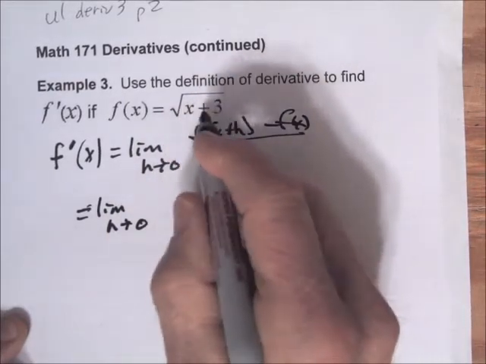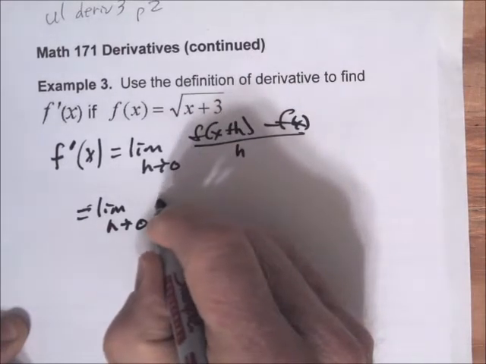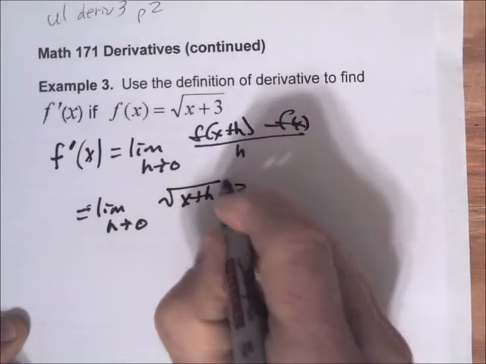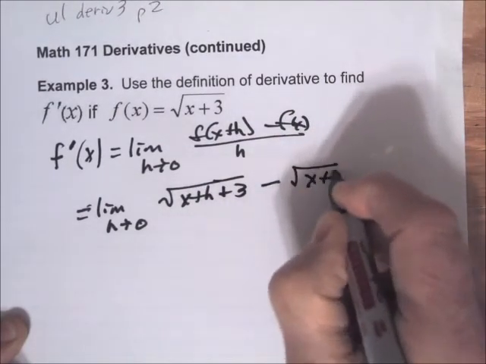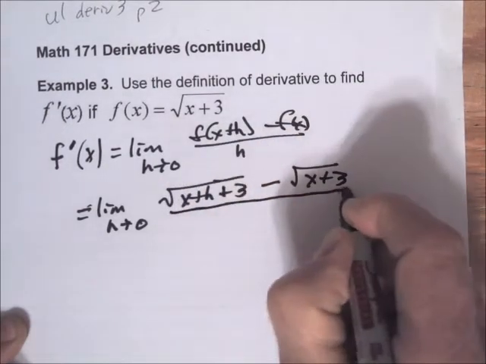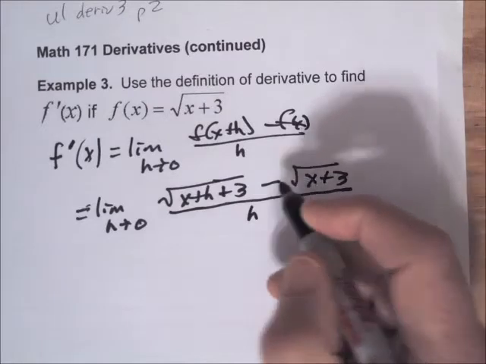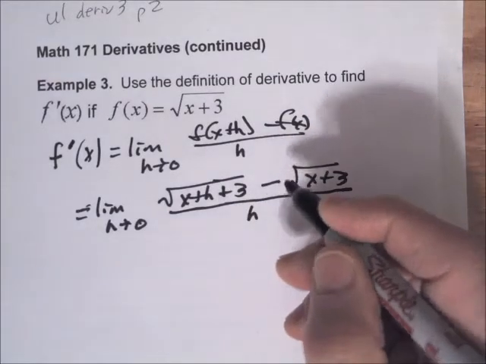So f of x plus h, replace x by x plus h, so this will be the square root of x plus h plus 3 minus f of x, so it's minus square root of x plus 3, all over h. If we let h equal 0, we're going to get 0 over 0, which is indeterminate.